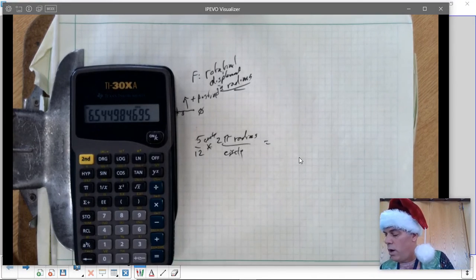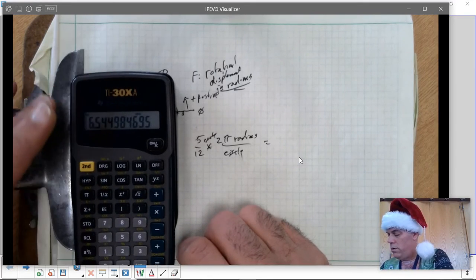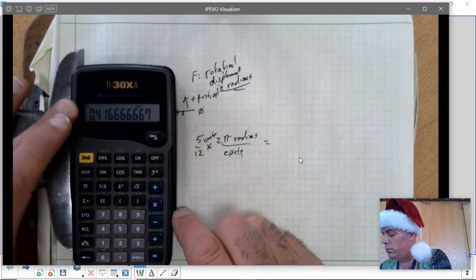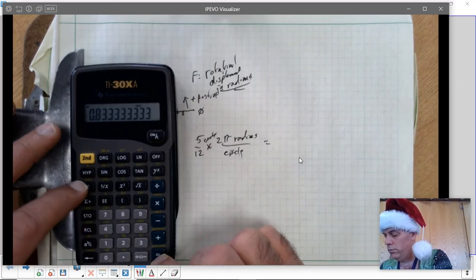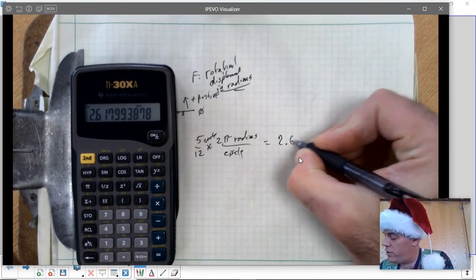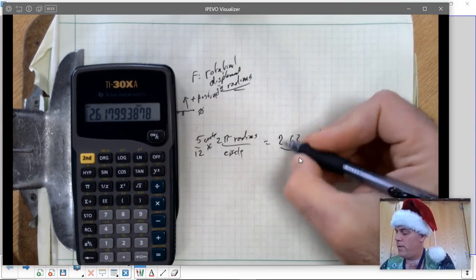That is wrong. Let's see. Yeah, fat fingered something there. Anyway, so it comes out to be 2.62 radians. Okay, that's the answer.